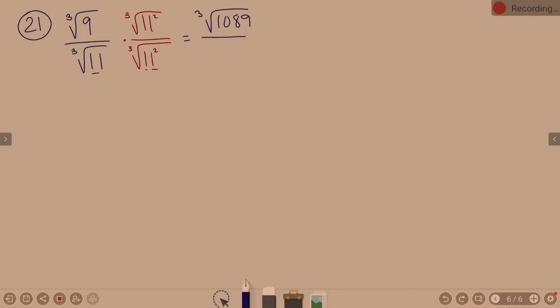So the idea of this is the cube root of 11 times 11 times 11. That's just going to be 11, and it's no longer under that radical. Okay? And at that point, you can't do anything with the cube root of 1,089. So it's just the cube root of 1,089 over 11.